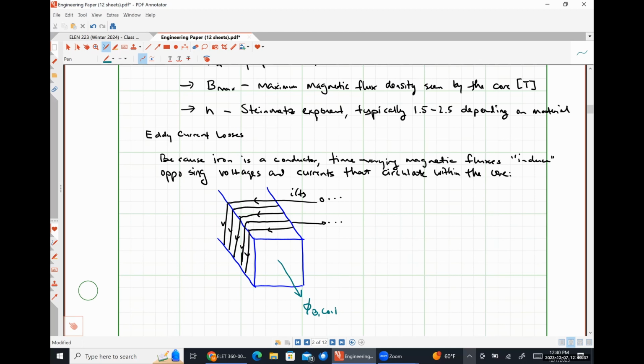So effectively, nature abhors a change. The direction for our induced flux is going to be something like this. So phi B induced. They are in opposite directions to each other because they're trying to keep the flux at some constant value.